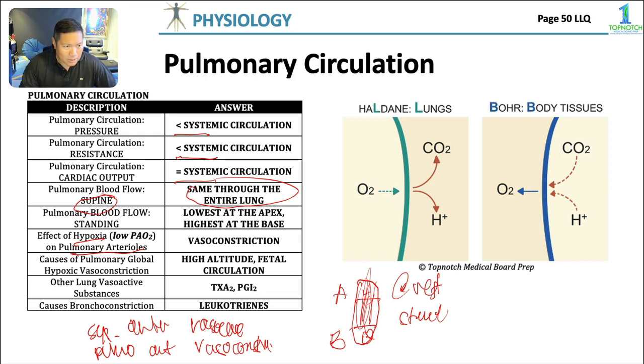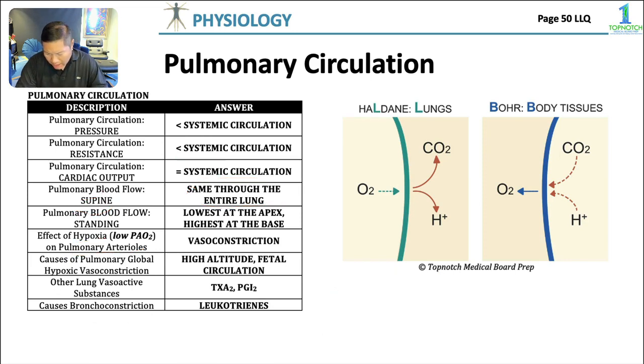Okay? So, other lung vasoactive substances: thromboxane A2, prostaglandin A2, causes bronchoconstriction. We have your leukotrienes. Specifically, board relevant, your leukotriene C4, D4, and E4 are collectively called, okay, your SRSA.